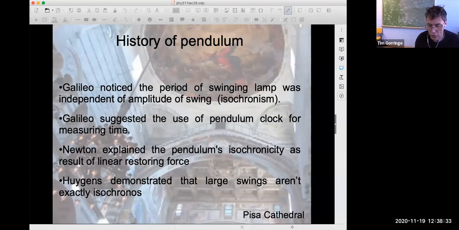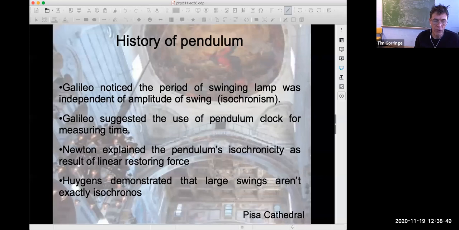And of course, we don't know if somebody else had noticed that before Galileo had noticed it. But when he noticed that, he came up with the idea of using a pendulum as a clock for measuring time.